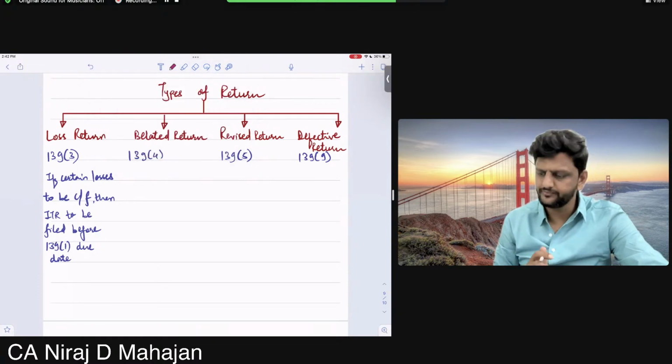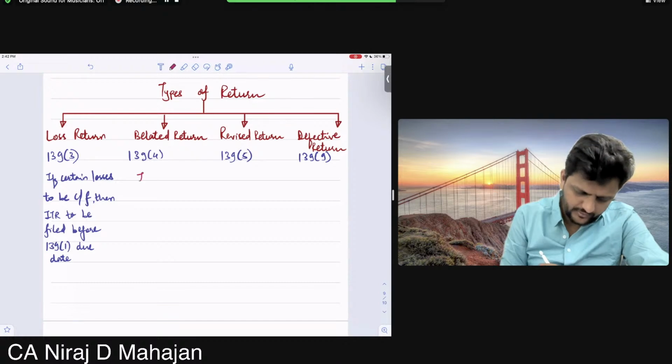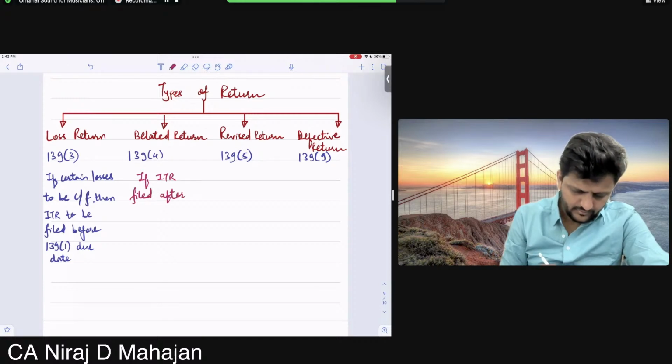Now 139.4. When do we use belated? If ITR is filed after the 139.1 due date. Right?